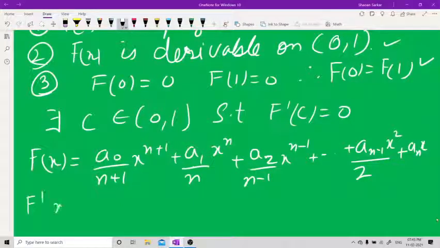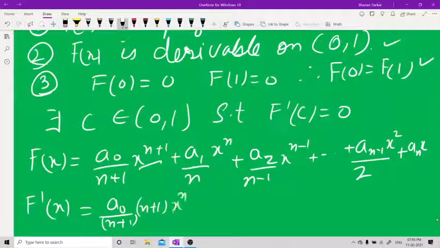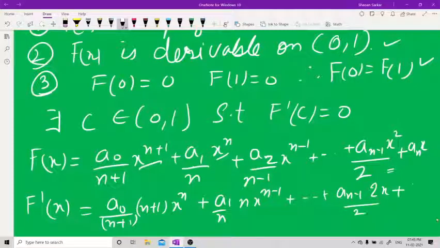Now f dash x is a0, this is n plus 1, and the differentiation of this is n plus 1 x to the power of n, plus a1, differentiation of this is n x to the power of n minus 1. Now the last differentiation is a n minus 1 into 2x upon 2, plus a n. This cancels, this cancels, all this cancels.